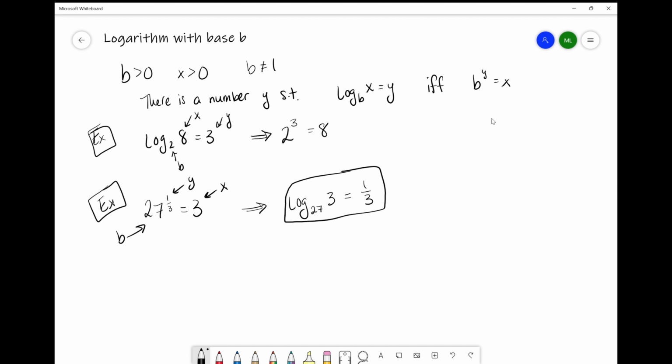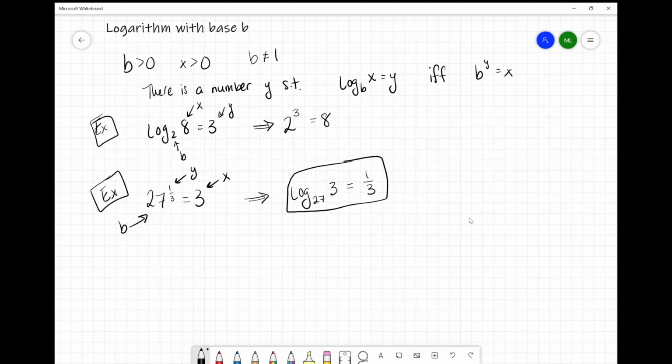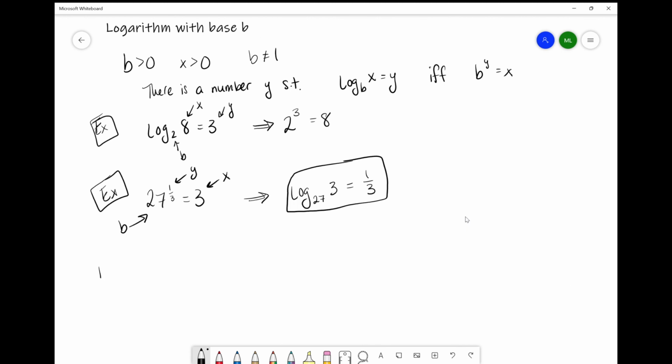All right, now let's look at an evaluation problem. Let's say we want to evaluate log base 3 of 243. So what is the answer that's going to result?